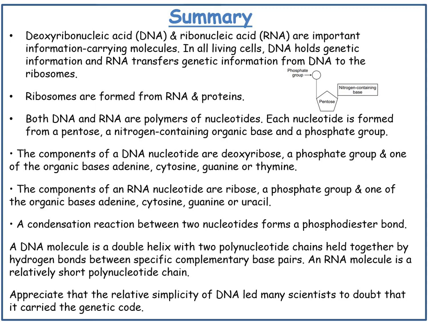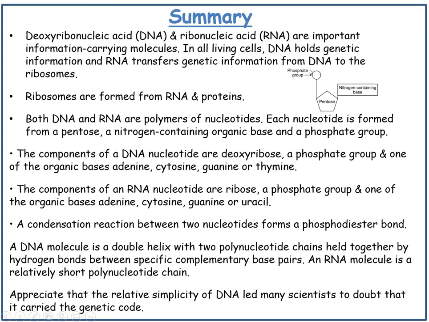So in summary, deoxyribonucleic acid and ribonucleic acid are important information-carrying molecules. In all living cells, DNA holds genetic information and RNA transfers genetic information from DNA to the ribosomes. Ribosomes are formed from RNA and proteins. Both DNA and RNA are polymers of nucleotides, and each nucleotide is formed from a pentose sugar, a nitrogen-containing base, and a phosphate group.